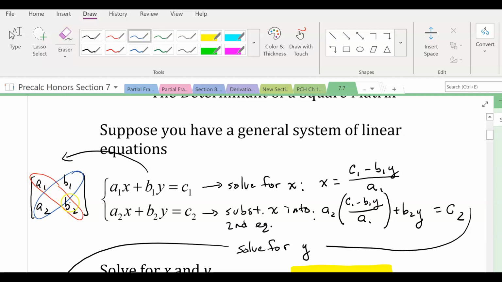So we multiply this diagonal and we multiply that diagonal and we subtract them and we get the determinant of a 2 by 2 matrix.